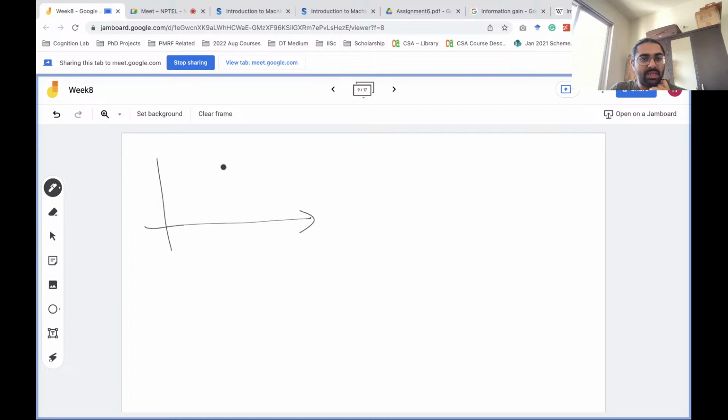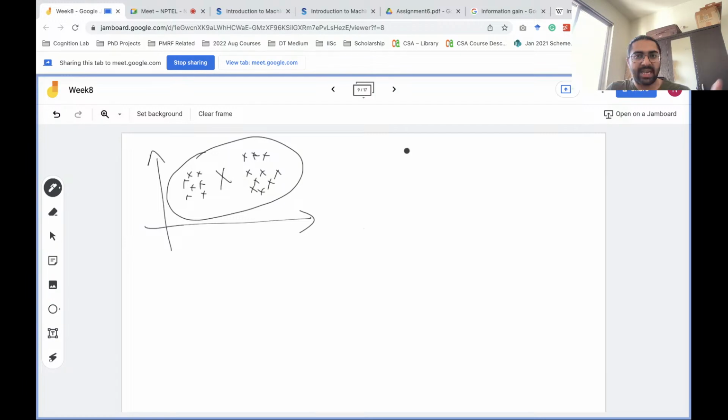So for example, let's say I have some data points like this, and I also have the same class. For example, let's say all of these are the X class, right? So if I were to fit a Gaussian, it will say that this is the mean, some sort of a mean of this data set, which is not right. So ideally, the way people have taken forward this idea is to use something called a Gaussian mixture model. Okay, we will probably have it in week 10 or so, GMMs.